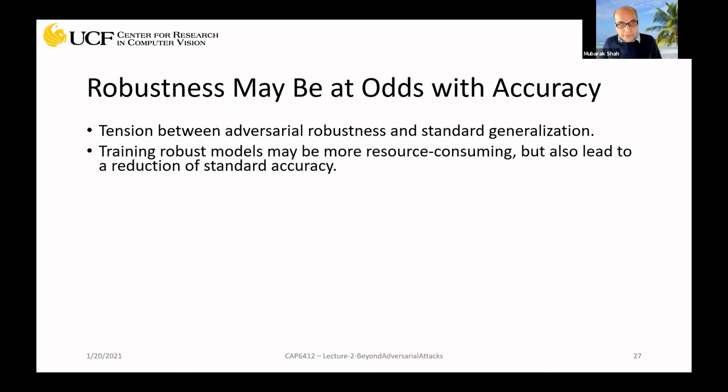So training robust models may be resource consuming. As we say, well, we can train a robust classifier, but the problem is that it will have an extra cost because we need to put in that perturbation, because there are 2 steps as we discussed before.